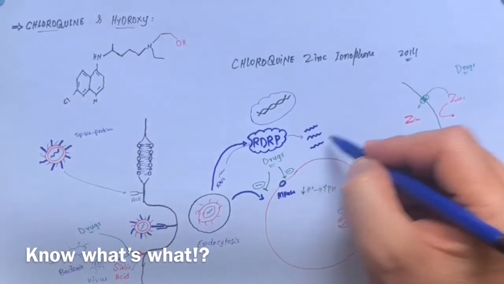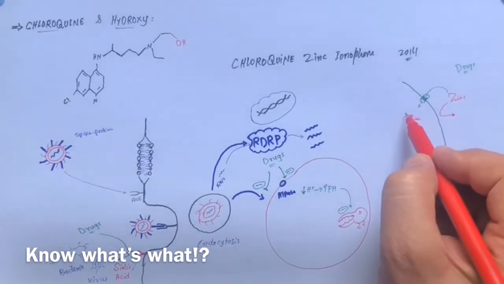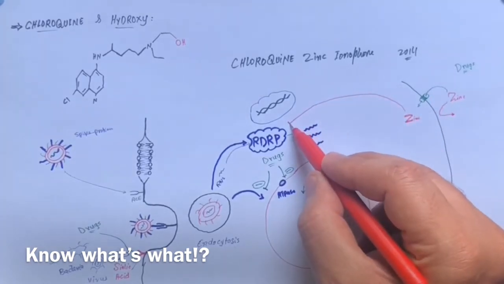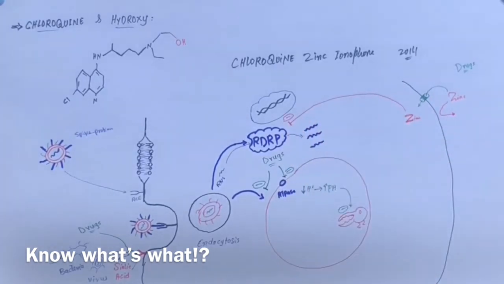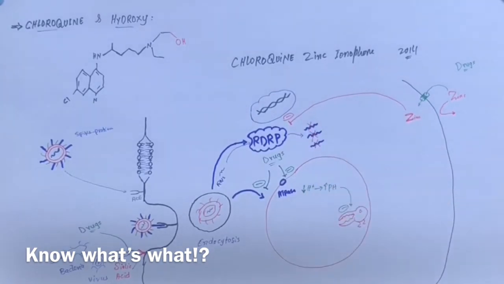But the increased level of zinc in the cytosol is believed to inhibit this process and inhibit the translation of the new viral RNA copies. Now, this is all about the mechanism of action.